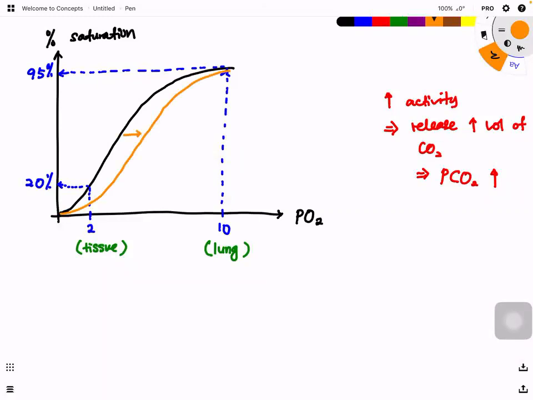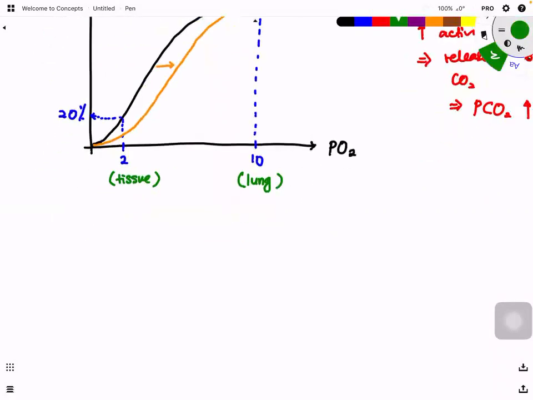Okay, so when it shifted to the right, what actually indicates here? Read it here now, guys. Do you realize that at 2 kilopascal, at the muscle tissues or liver, they carry out active metabolic reactions, or they have a high respiration rate? Then you can see that it now becomes roughly about 10%.